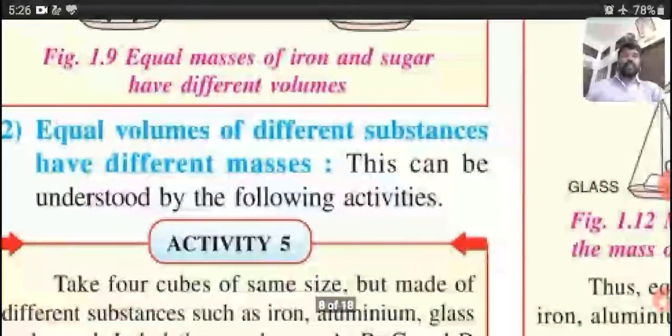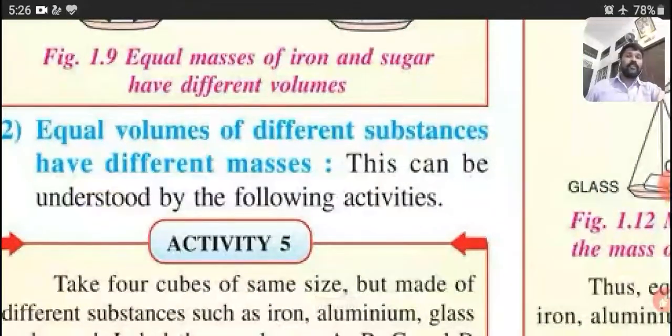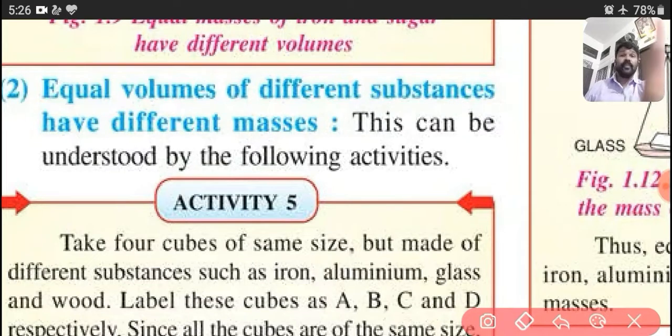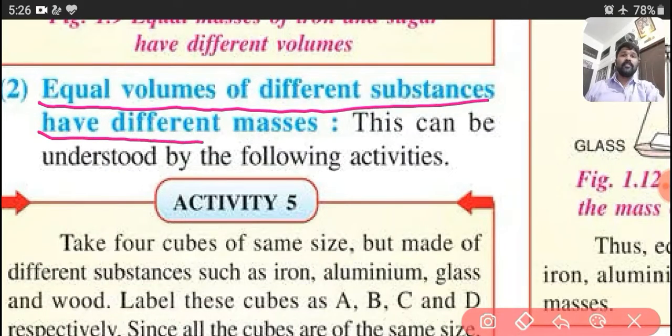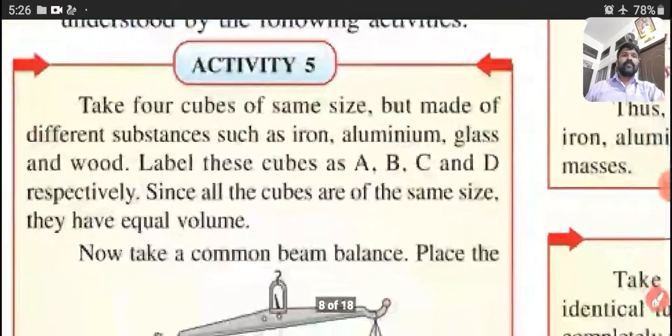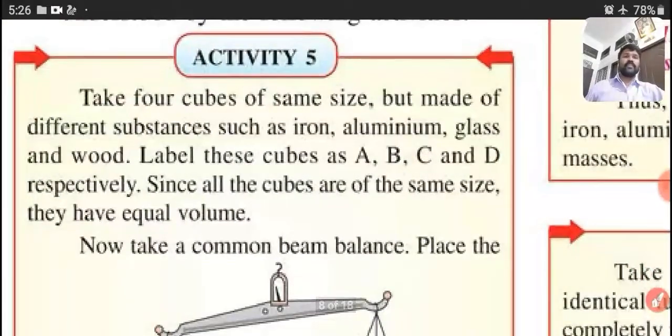Now we are going to discuss our second point: equal volumes of different substances have different masses. This can be understood by the following activities. Activity 5.